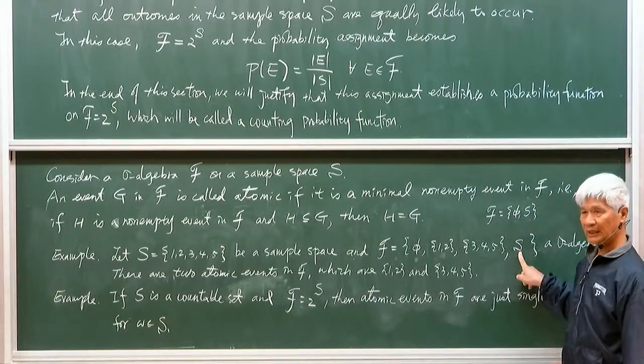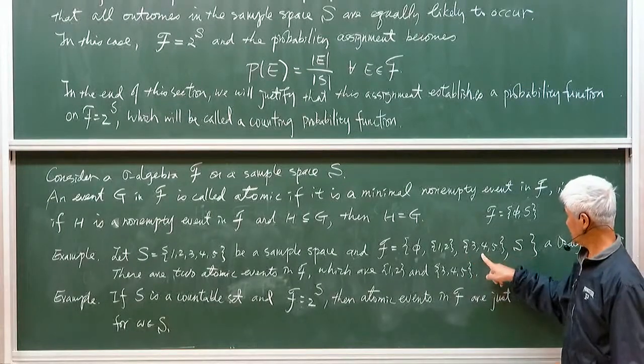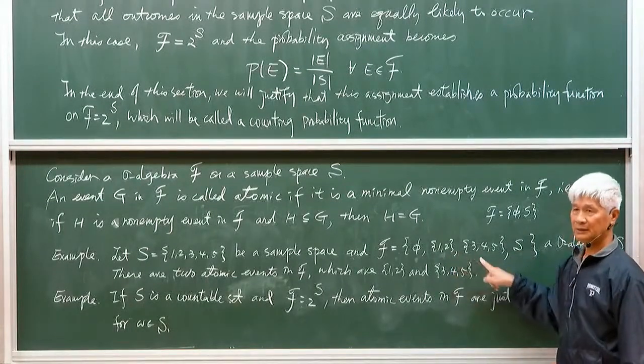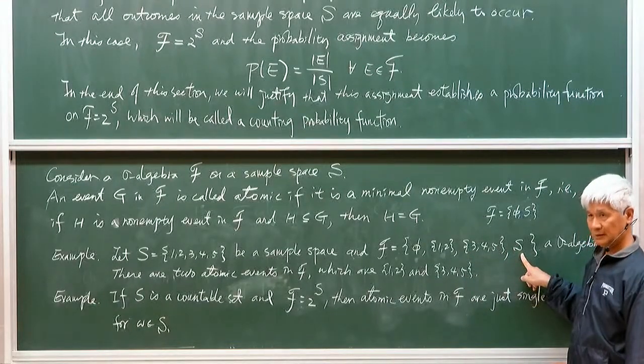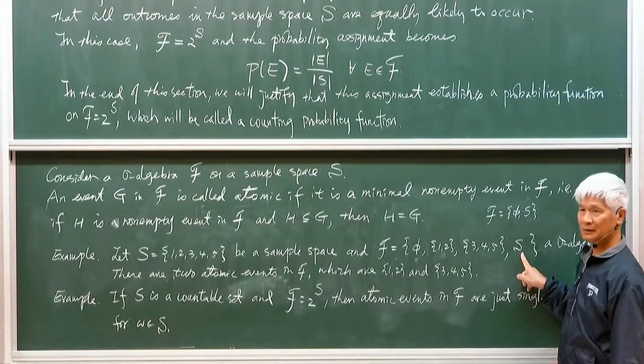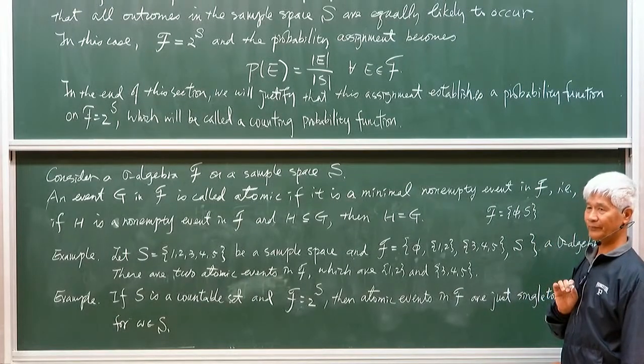But the total event is not the minimum, right? Why? We find at least the two, non-empty events which are proper subsets of X. So X is not atomic. They have to be a subset and then they have to be equal.